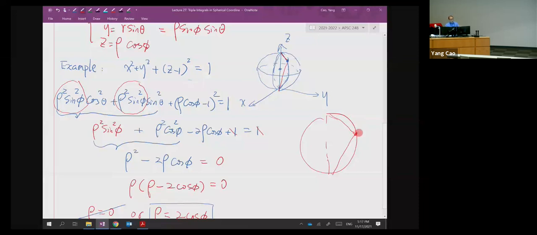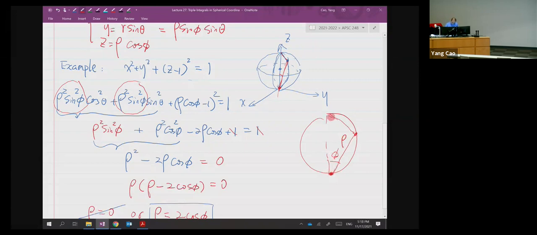So according to the definition of the spherical coordinates, this is the line from the origin to the point we picked, then the angle from the z-axis to this line is the definition of phi. It's the phi angle. And then from here to here, that's the rho, from the origin to the location of the point.